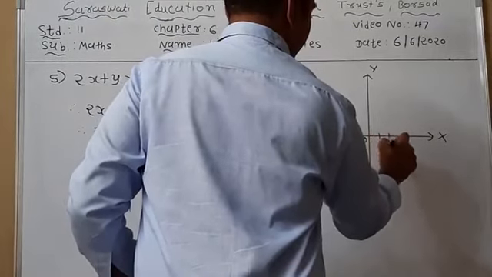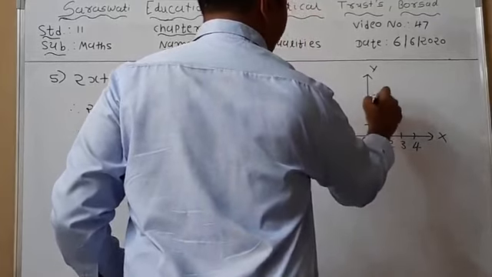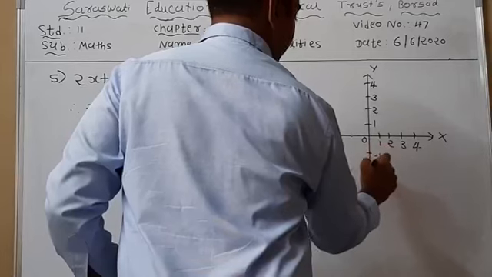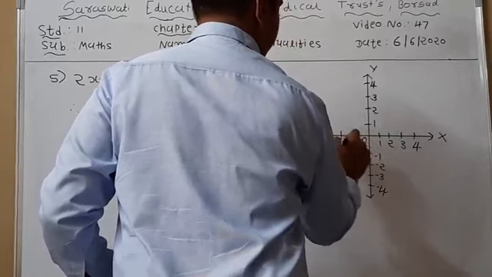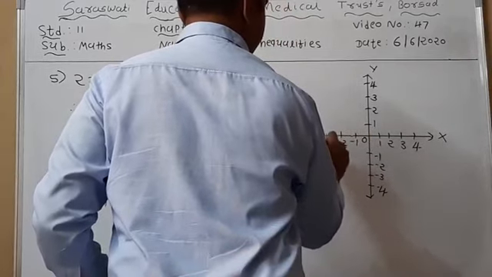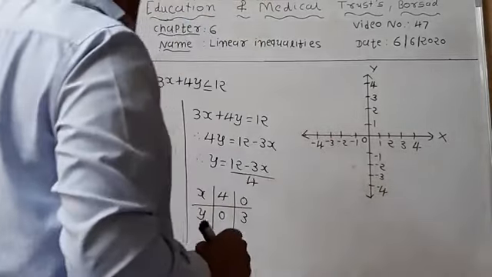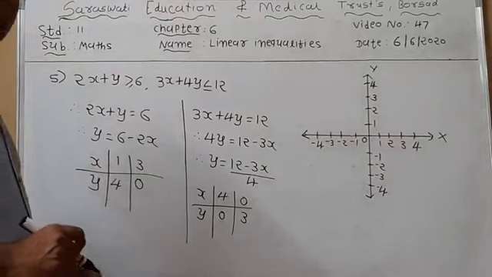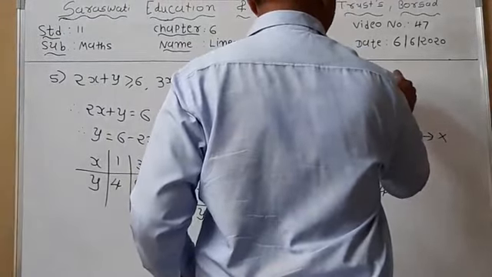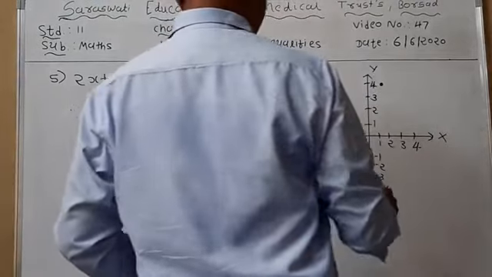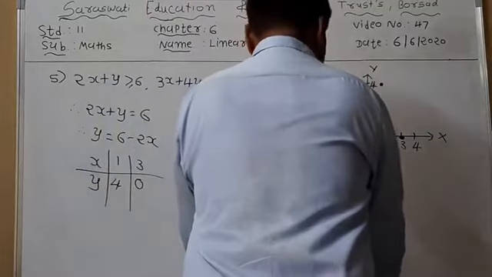So 0, 1, 2, 3, 4 on each axis, and minus 1, minus 2, minus 3, minus 4 on the negative sides. Now x coordinate 1, y coordinate 4, so this point is here. And 3, 0: on the x axis 3, y coordinate 0, so this point is here.